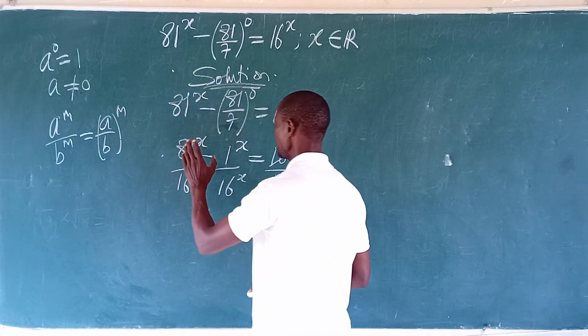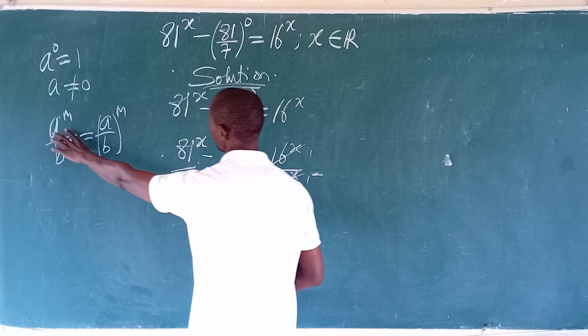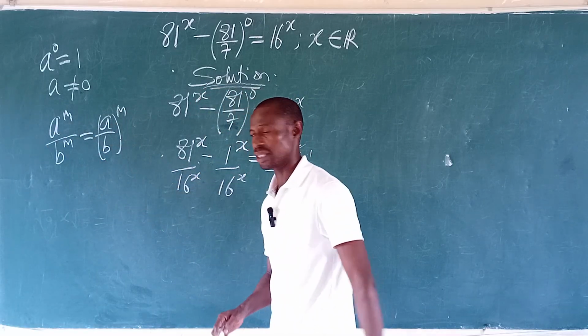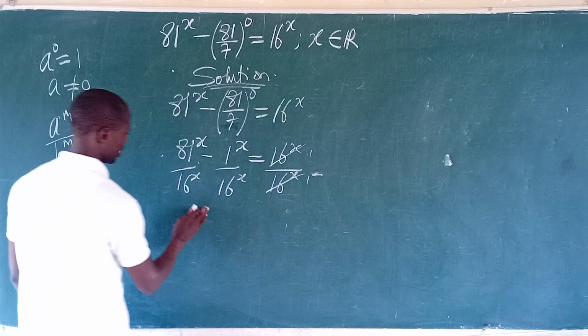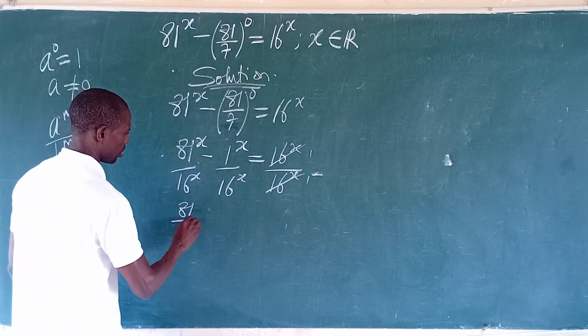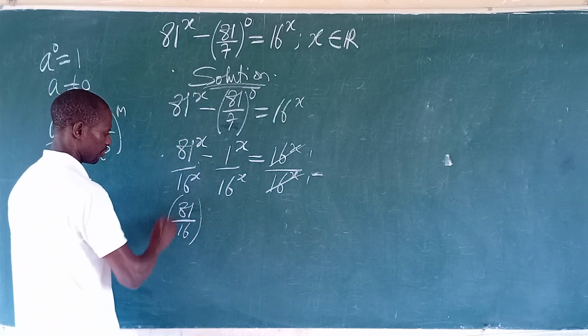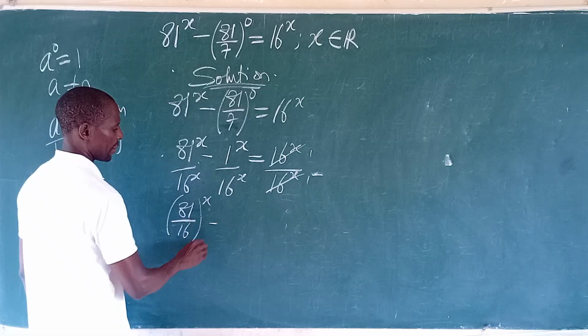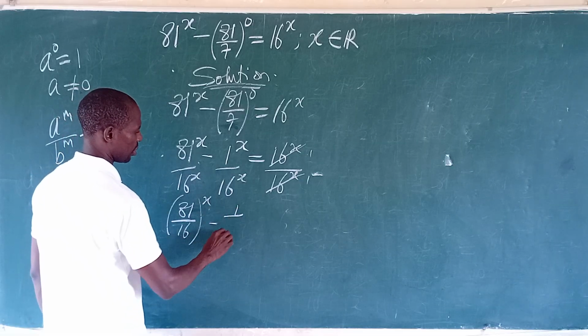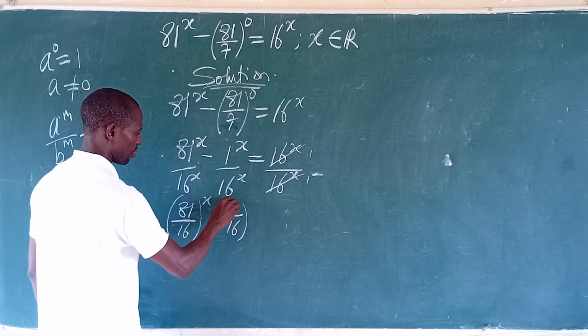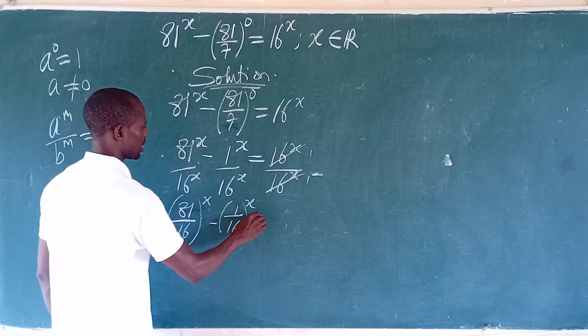What we have here is in this format, and we want to take it to the other format. So we can have this as (81/16)^x − (1/16)^x = 1.